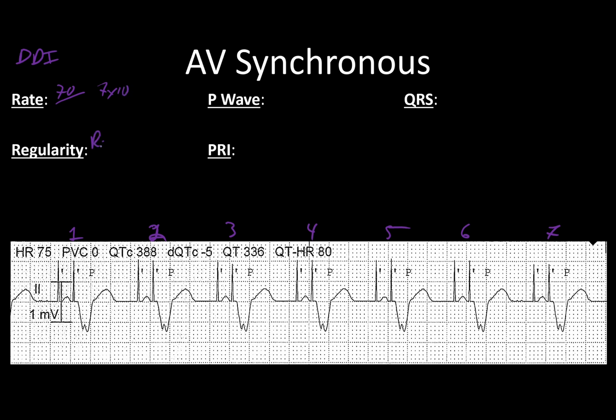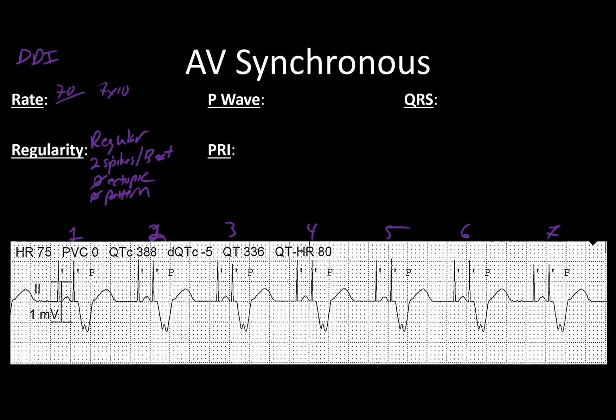We are very regular, and that makes sense because pretty much every single beat is paced. We have 2 spikes per beat, and so we need to look at that a little closer. We don't have any ectopic, and there's no real pattern because it's nice and regular.